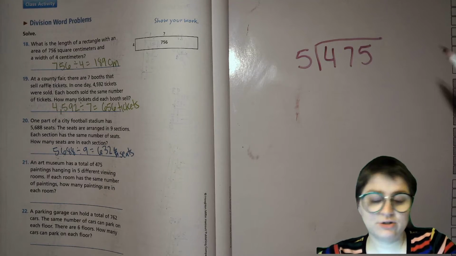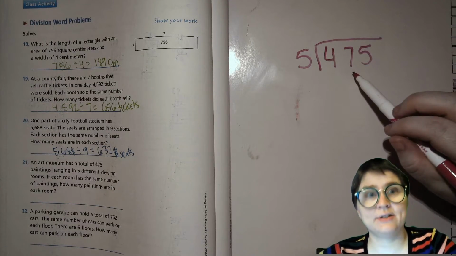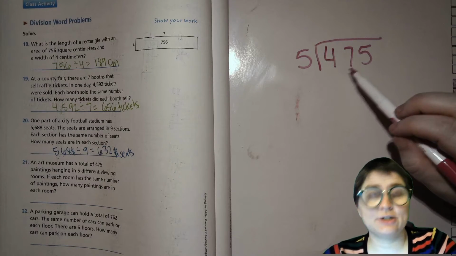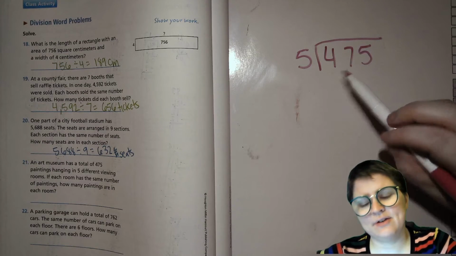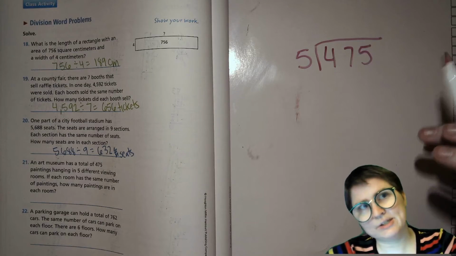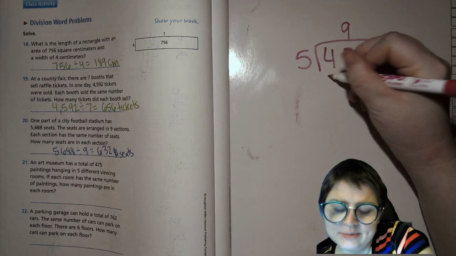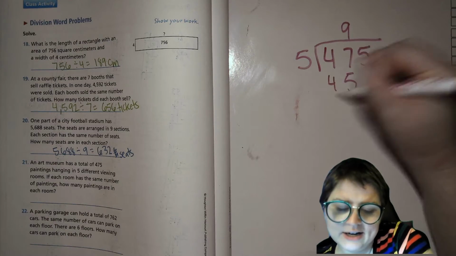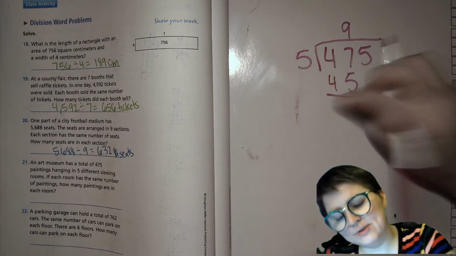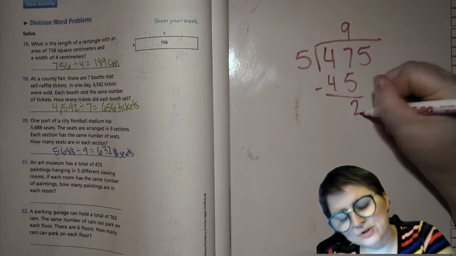No, you could not. So you got to go to the 47 tens, I should say. So 47, 5 times what gets close to but not over 47? Well, 5 times 9 tens is 45 tens. And then we'll have 2 tens left over.